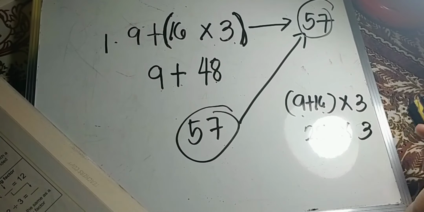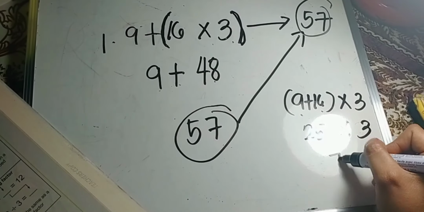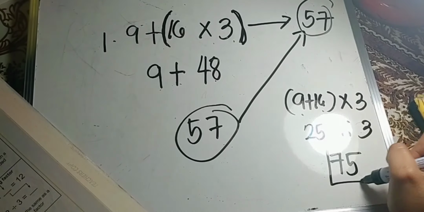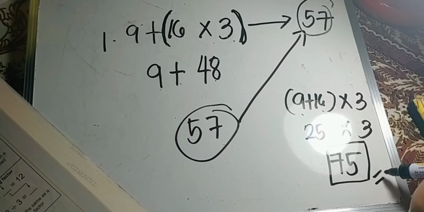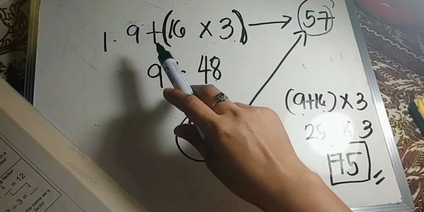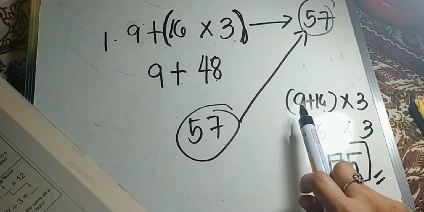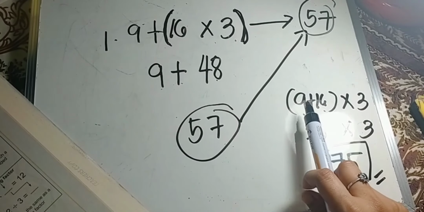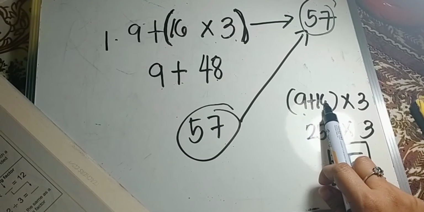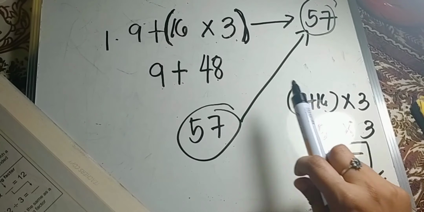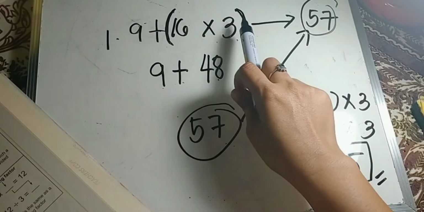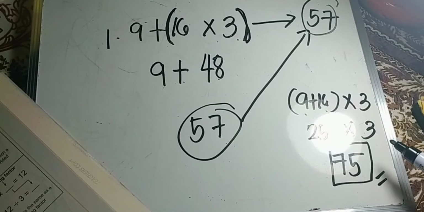Okay, 25 times 3, the answer is 75. So, as you notice, nung kinumpare natin, mali po ang naging sagot kapag ka ang parenthesis mo ay nasa 9 plus 16. Dapat ang parenthesis mo ay nasa 16 times 3. Okay, that is the difference.